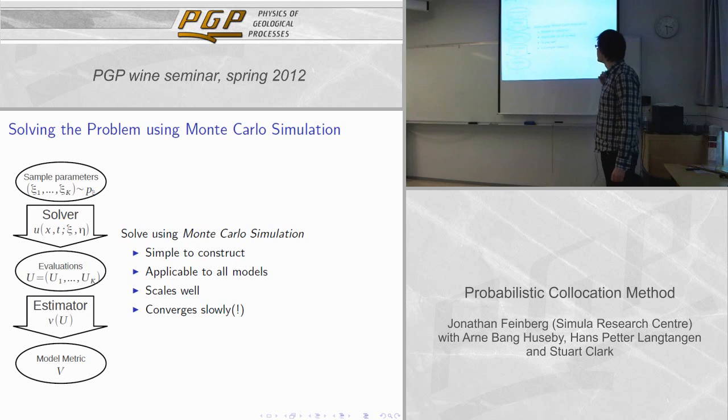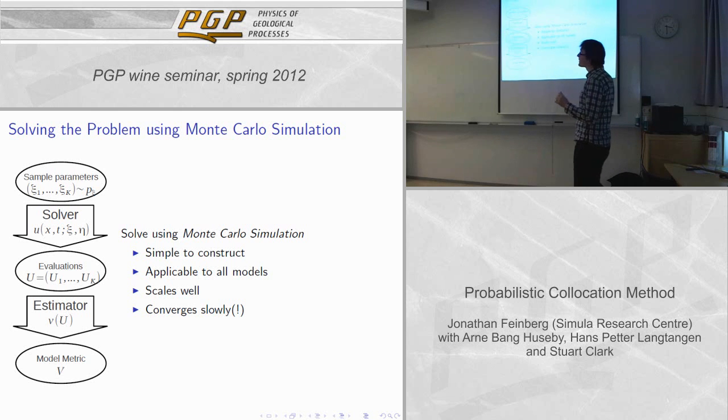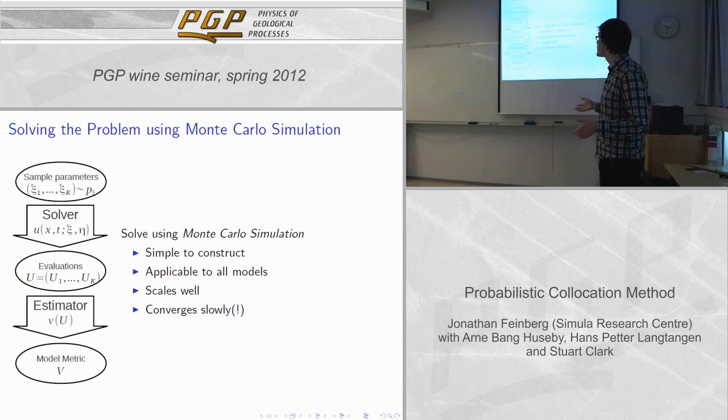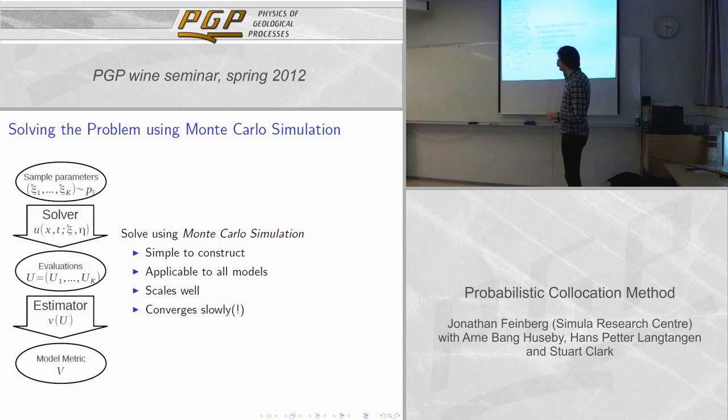Basically what you do is you create some synthetic samples. That's the beauty of probability theory: if you have the probability density function, then you can use that to create random variables. And basically what we do is we generate a lot of them. For each of these random variables, or vectors if you have many of them, you insert those into your solver and generate some output data.